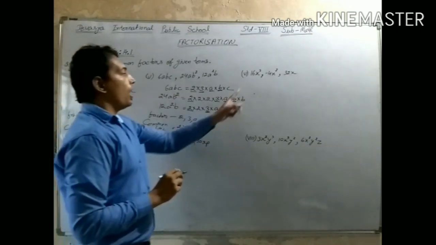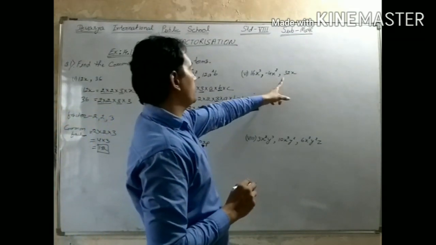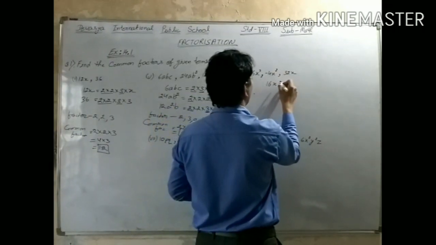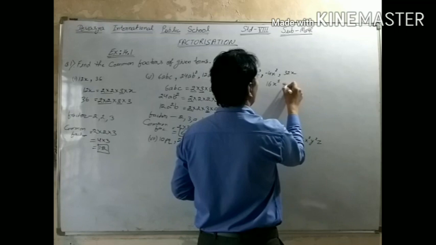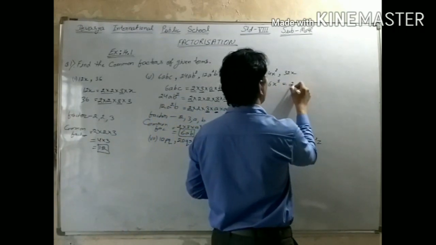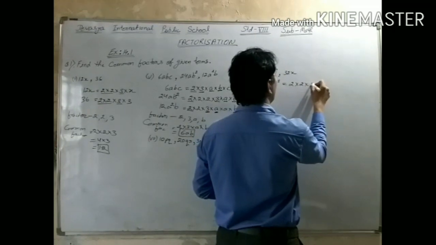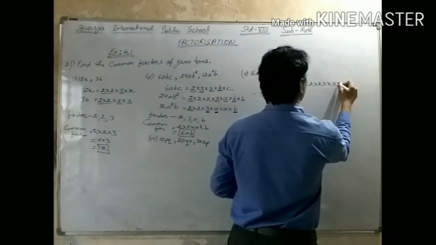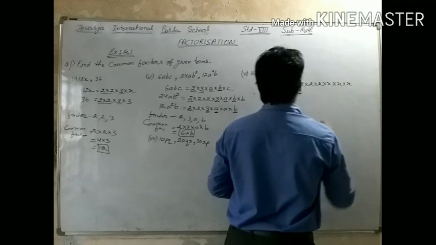Alright. Now we will factorize the other terms, right? So we will write each of the terms and we will put it in irreducible form. Fine. Now 16x cube can be written as 2 into 2 into 2 into 2 into x into x into x.